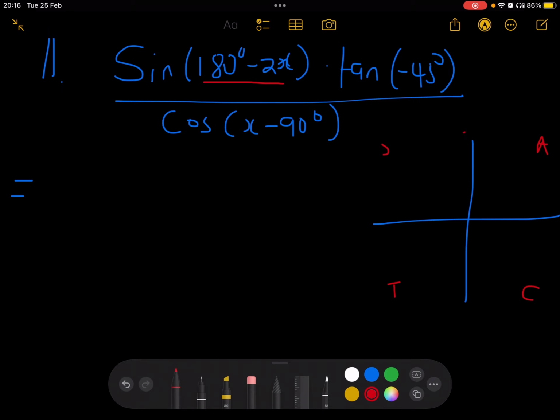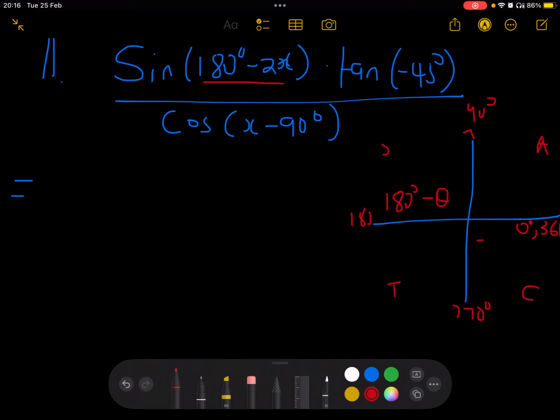How do we know? This is 90, this is 180, this is 270, and 360, 0, and so forth.